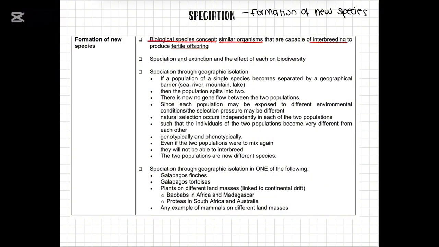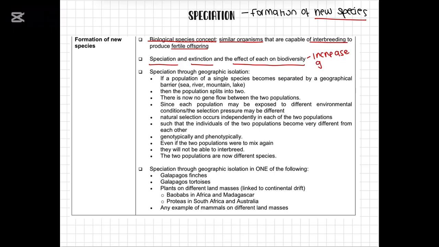Now the second part looks at speciation and extinction and the effect of each on biodiversity. So you will get questions that ask you about that in the exam. As opposed to artificial selection, speciation by natural means increases biodiversity because organisms are varied.